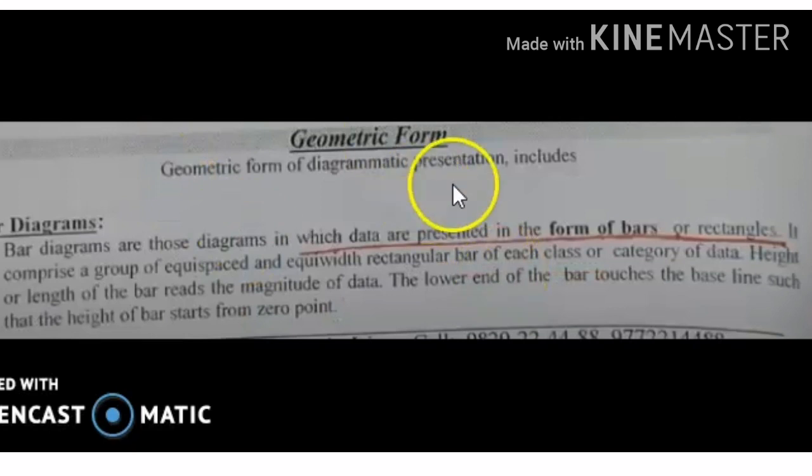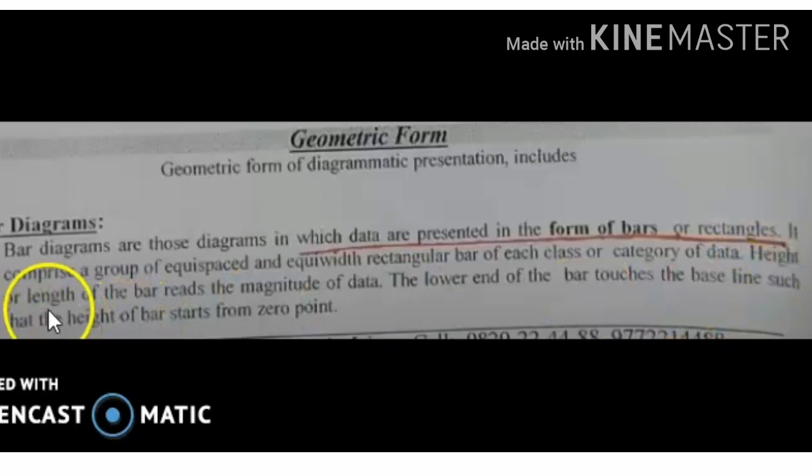First is the geometric form. Bar diagram, first we are going to see. Bar diagrams are those diagrams in which data are presented in the form of bars or rectangles, and they comprise a group of equispaced and equi-width rectangular bars for each class or category of data.